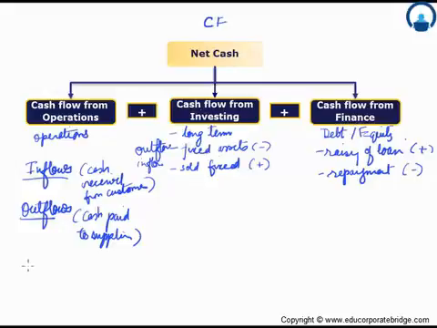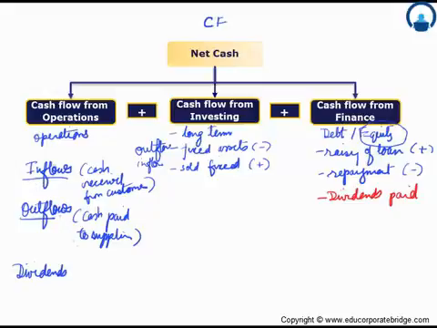The only difference is when we talk about dividends. Dividends by default are because of equity holders, and when it is about equity holders, anything with respect to dividends paid should ideally be classified as cash flow from financing.